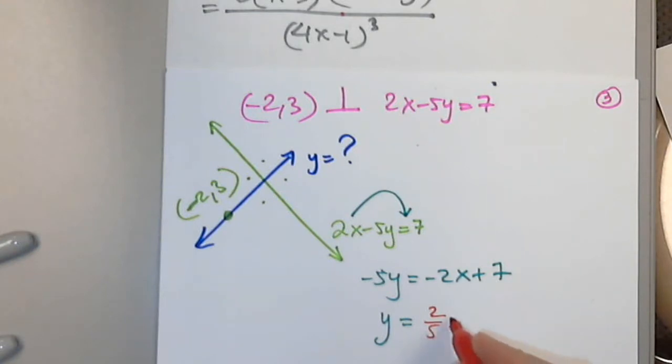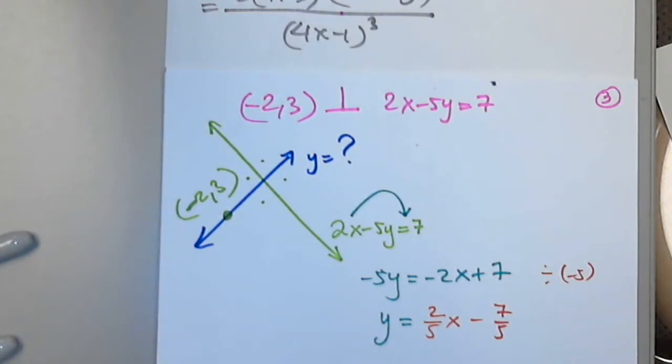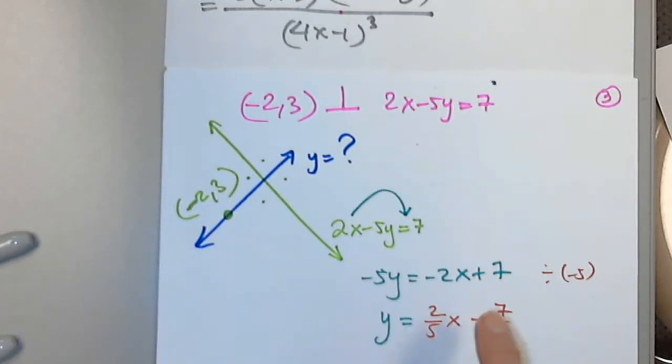So 2 over 5 x minus 7 over 5. Remember to divide term by term, instead of just writing the fraction line over negative 5. Please don't do that, because it will be difficult to identify the slope correctly. I divide negative 2 by negative 5, positive 2/5, and 7 divided by negative 5, negative 7/5.